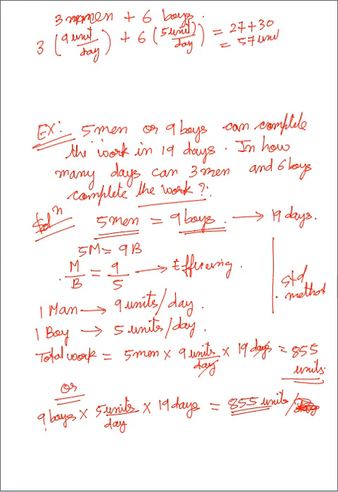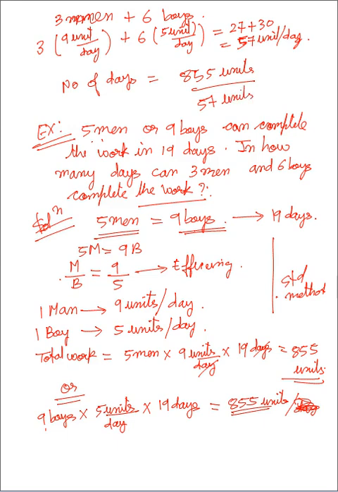I hope you are understanding. The handwriting is not that good, but bear with me. So 57 units are completed in one day when 3 men and 6 boys are working. So number of days is equal to 855 units divided by 57 units per day.